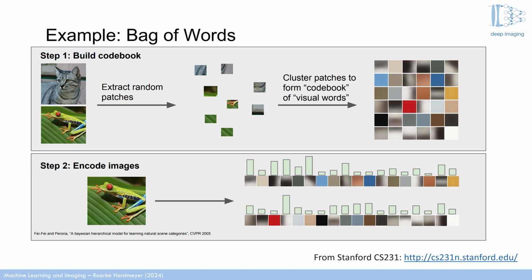So in this approach, you would essentially take lots of patches from an image and create a dictionary, like we had created for our spectral unmixing problem, and then use that dictionary to establish a new basis that is much lower dimensional than the actual images to then begin to try to classify. And so here you take patches of cats and frogs and establish a new basis, a functional basis.